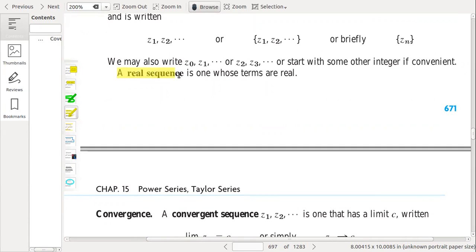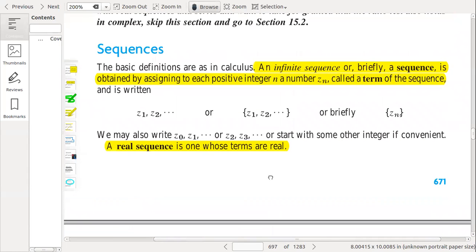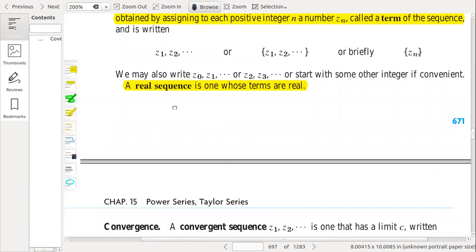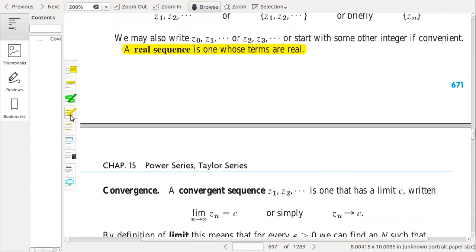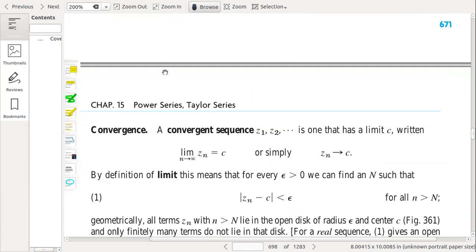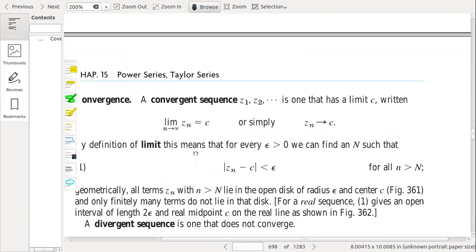Okay. So then what is a real sequence? A real sequence is one whose terms are real numbers. And now what is a convergent sequence?